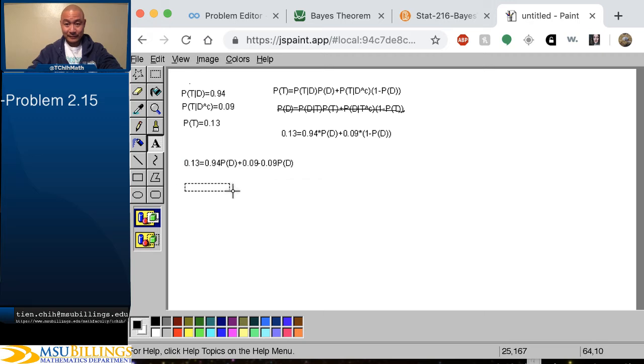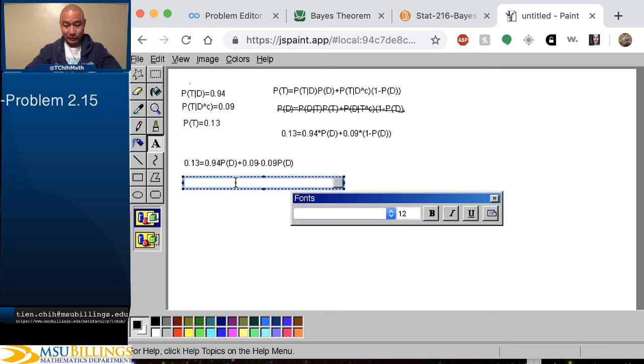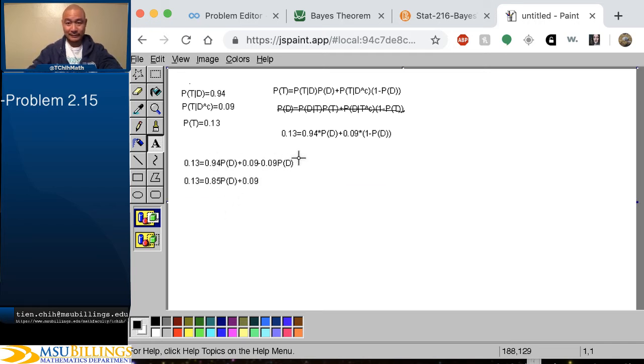The first thing I want to note is I have a 0.94 P of D, and I'm subtracting from that 0.09 P of D. So that all simplifies to 0.85 P of D, plus 0.09. That's just some algebra, combining the like terms.